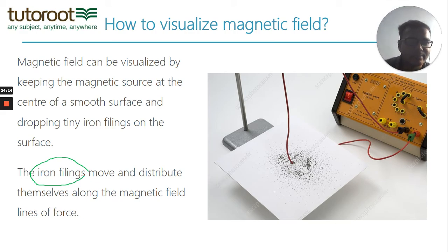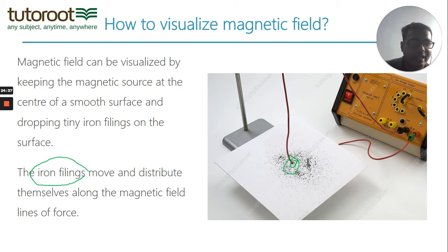Now you can see in this picture that the current wire is passing through the paper, and it's not very clear, but you can roughly see that the iron filings have distributed themselves in circular patterns around the wire. So this is a proof of what?